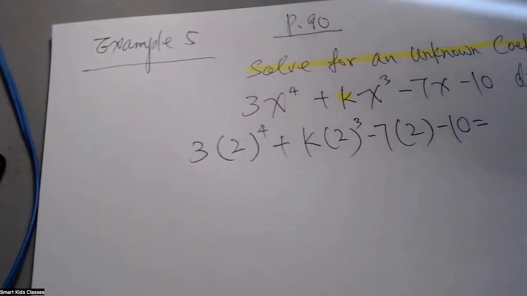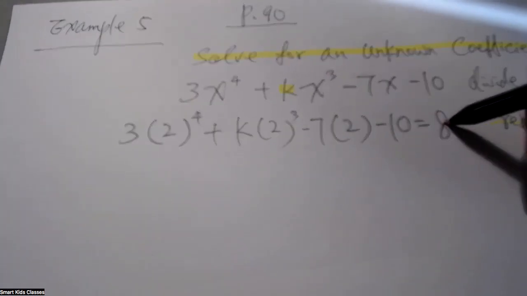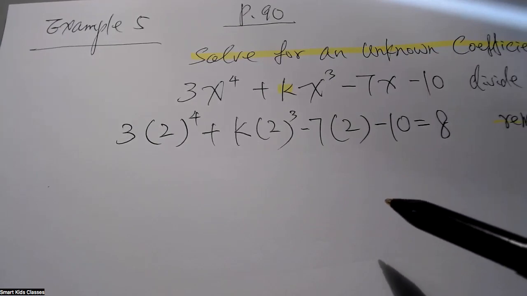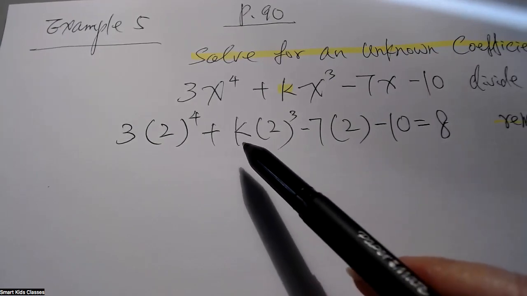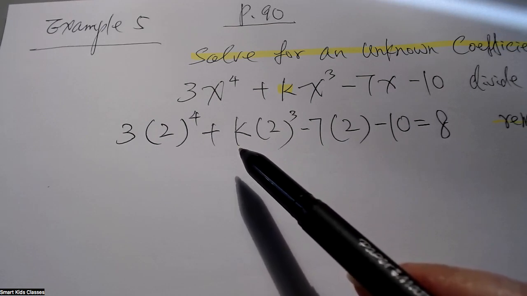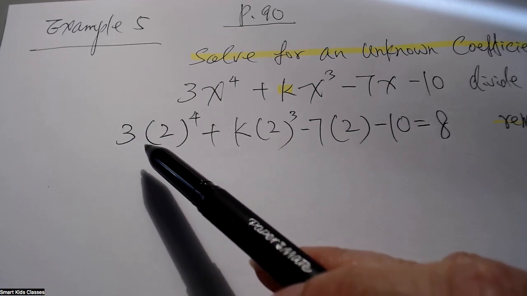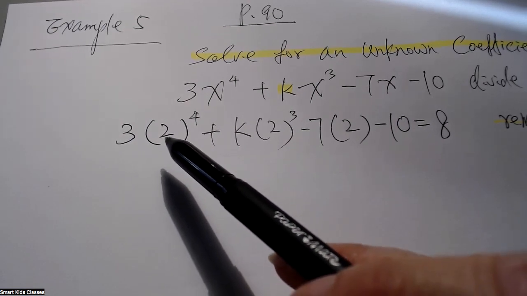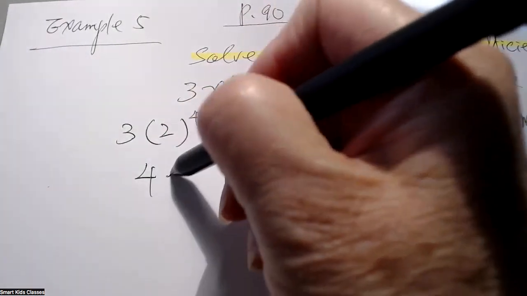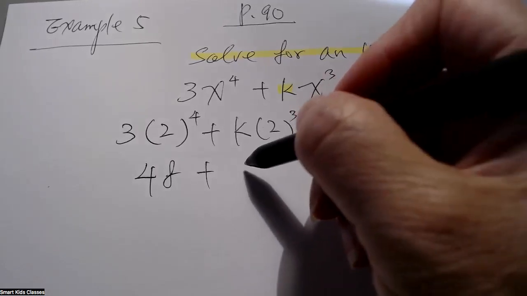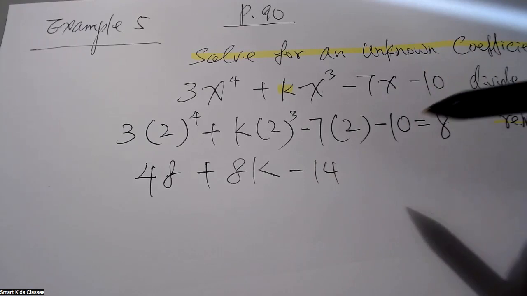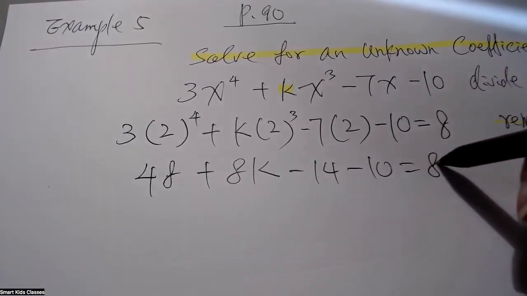And you know the remainder is an 8. So we set up the equation like that. Then we try to solve it. There's only one variable here, so of course we can get k. We're going to put 3 times 16, so we get a 48 here, plus 8k, and then minus 14, minus 10, equals 8.